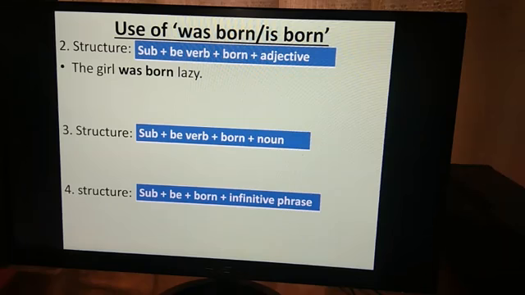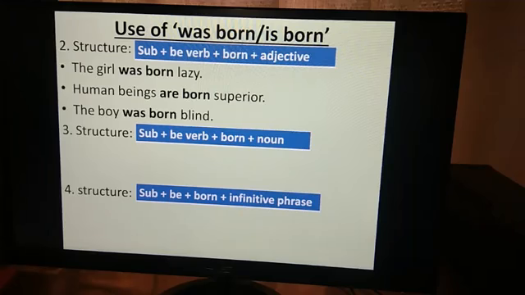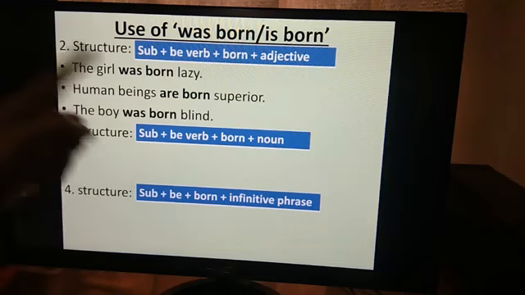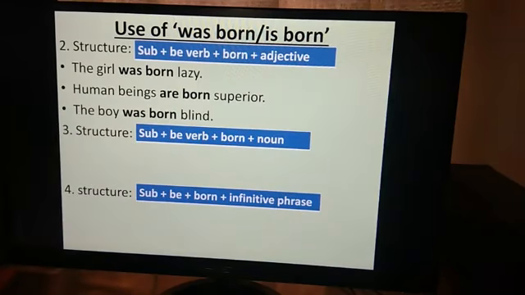The girl was born lazy. Superior, adjective. Human beings are born superior. The boy was born blind, an adjective. So after subject, be verb and born, there comes the adjective.